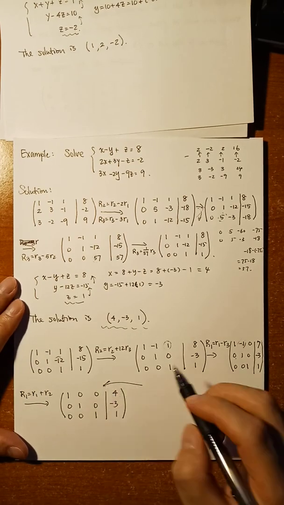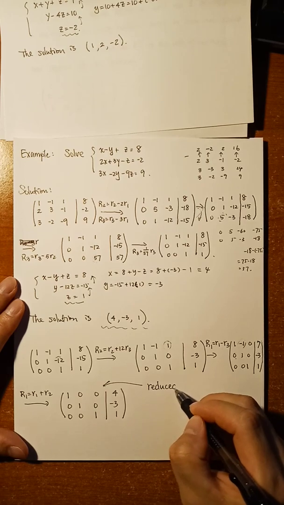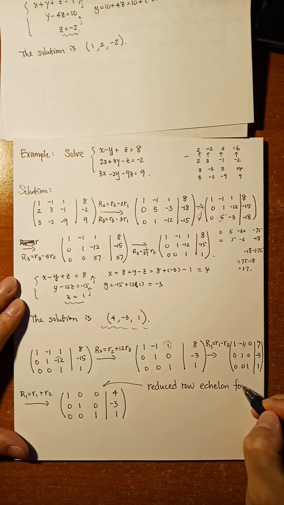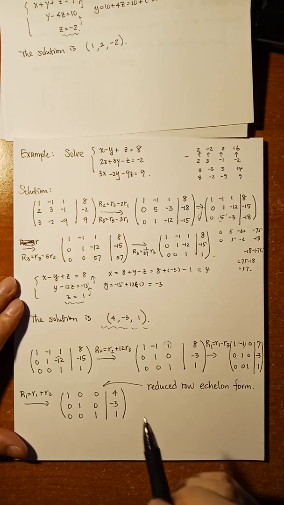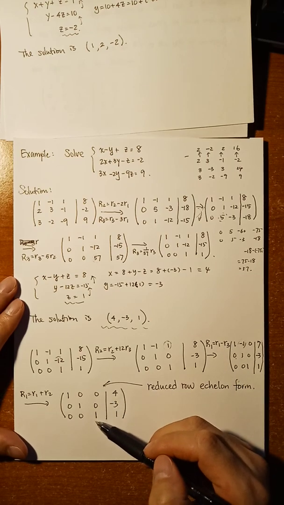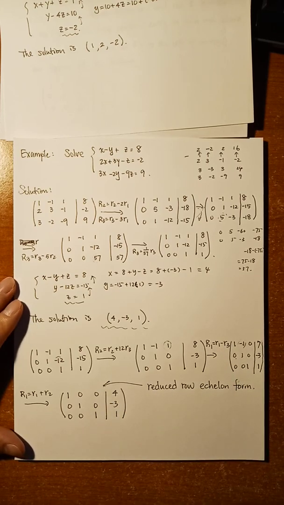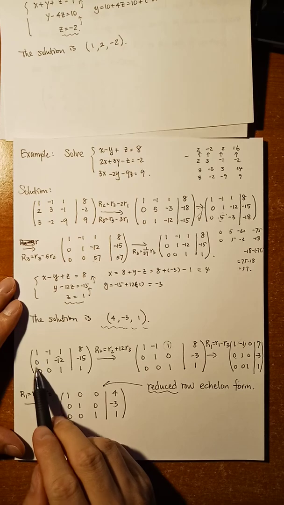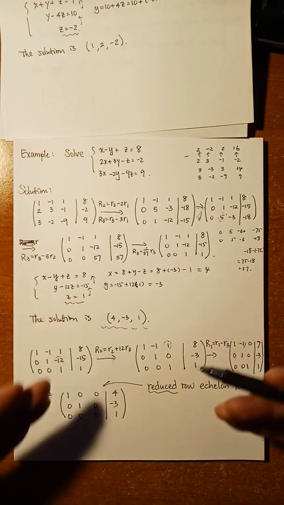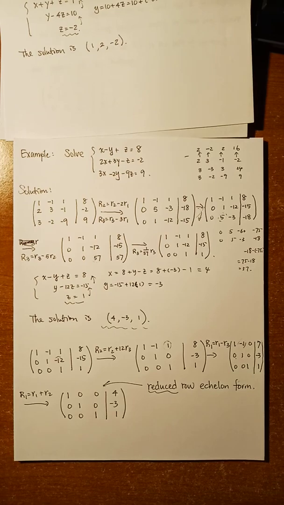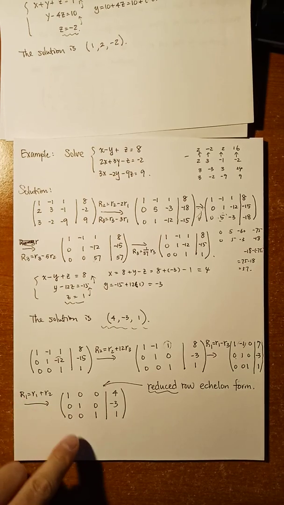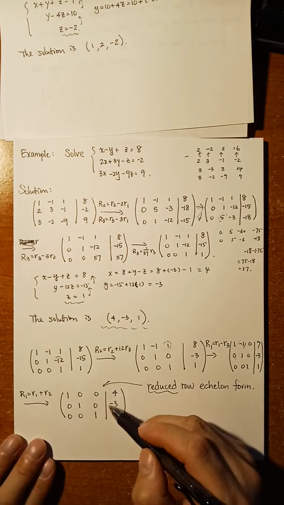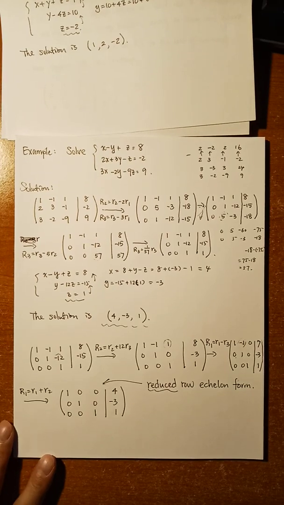And this is called the reduced row echelon form. It has even more conditions: entries above number 1 are also 0. When this is satisfied, it is called reduced. If you only require the entries below number 1s to be 0, then that's called a row echelon form. Here is a reduced row echelon form. The advantage of the reduced echelon form is that you can read the answer from the matrix.